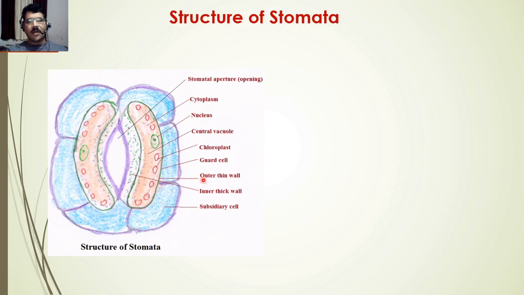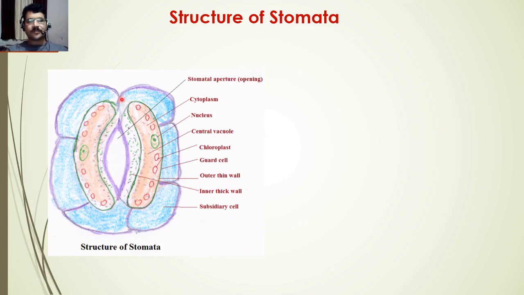Then the guard cell contains an outer thin wall and an inner thick wall. So this is a very thick inner wall and a thin outer wall. Then this is the total stomata, which contains the aperture and guard cells.